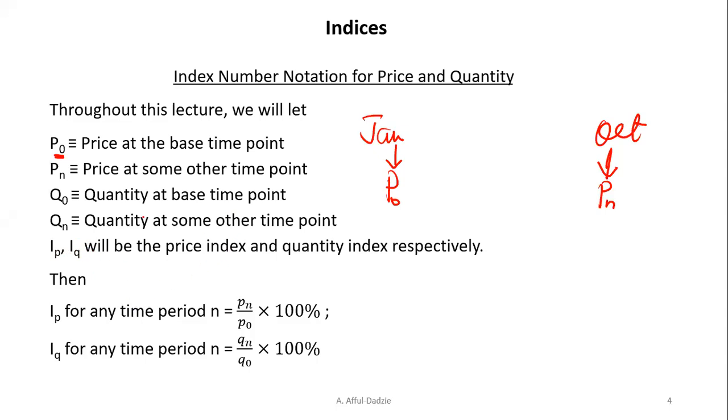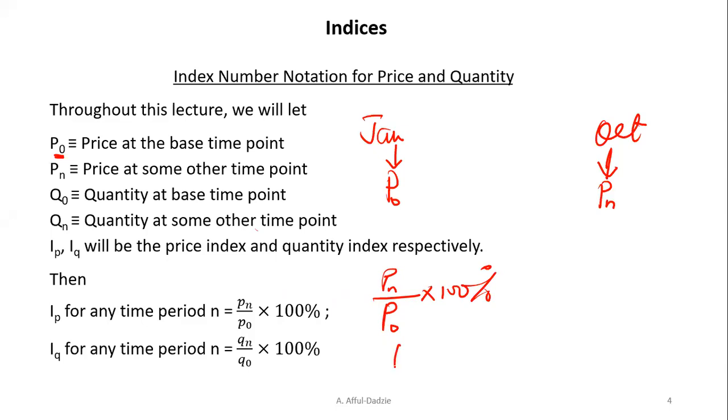Okay, so if you put these expressions together, then to find our price index at any period n, any period you're interested in other than the base period, it is going to be the price at that period of interest divided by the base price, multiplied by 100.